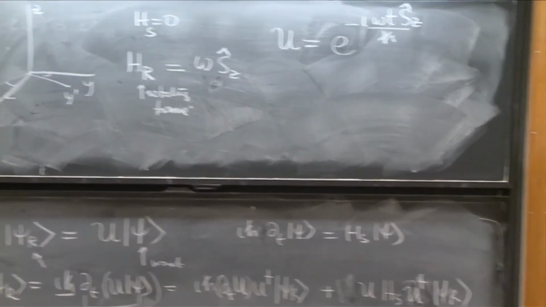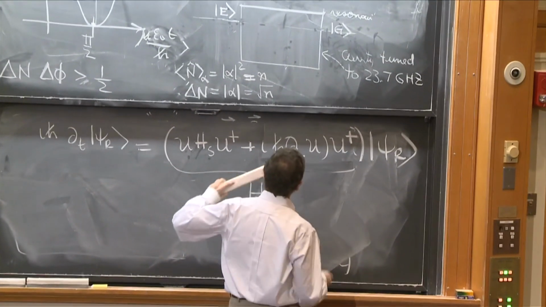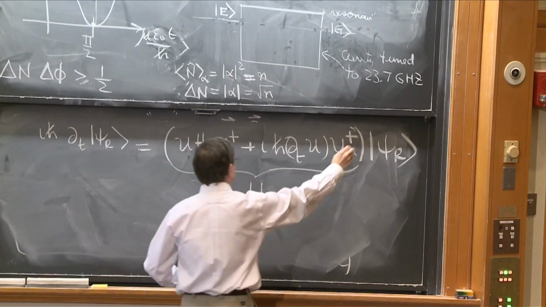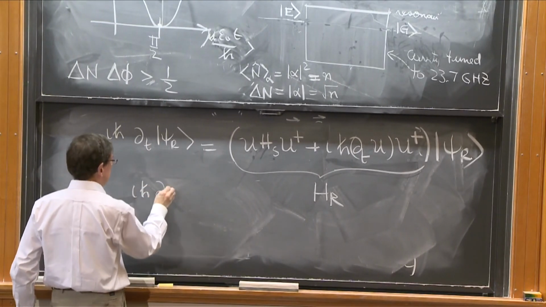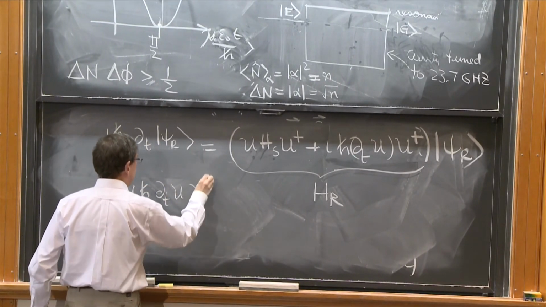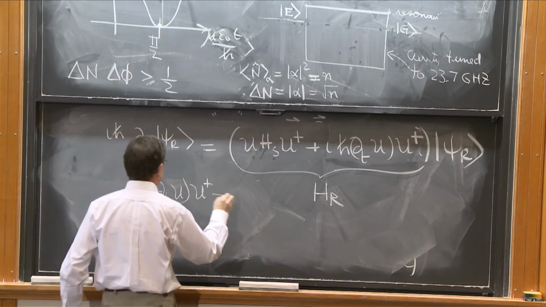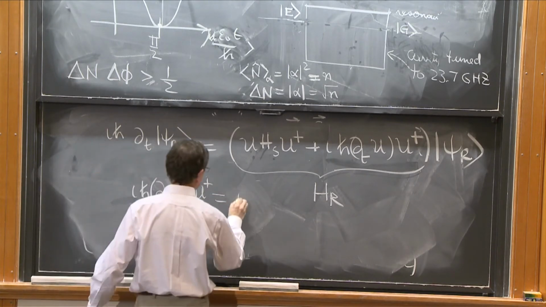So I will say that this U is such that you get i h bar dU/dt U dagger being precisely omega Sz.